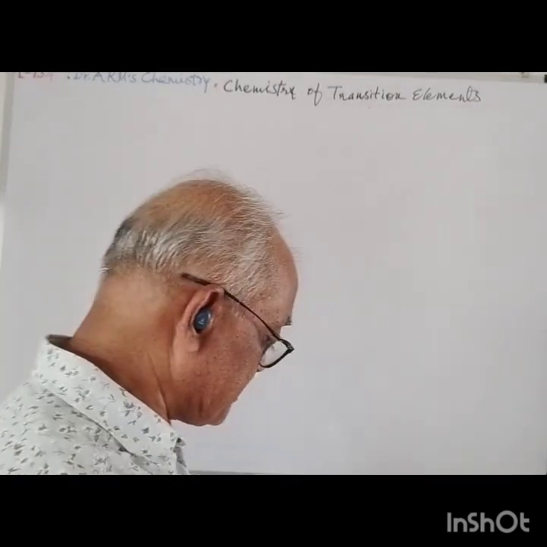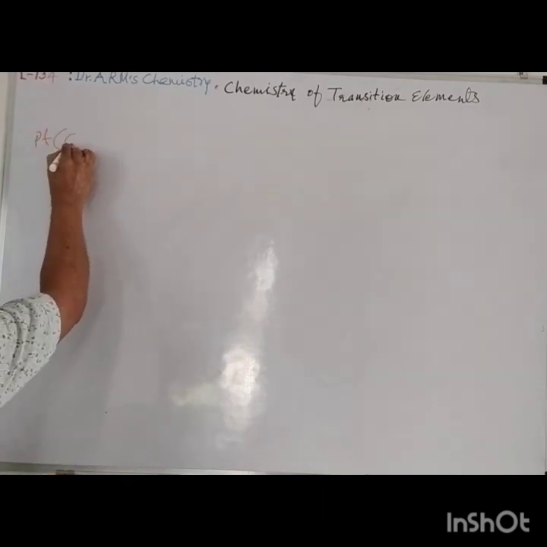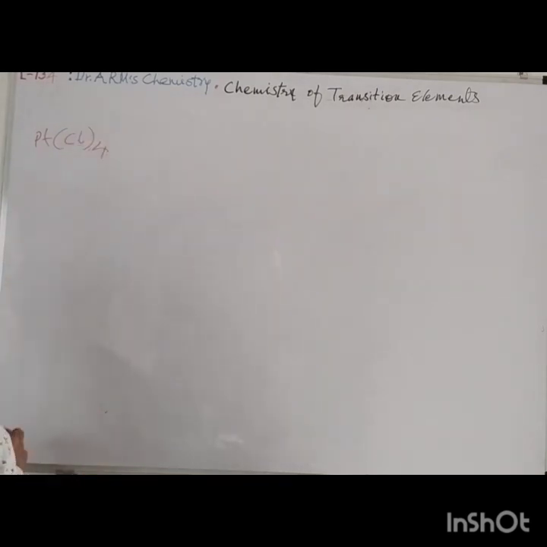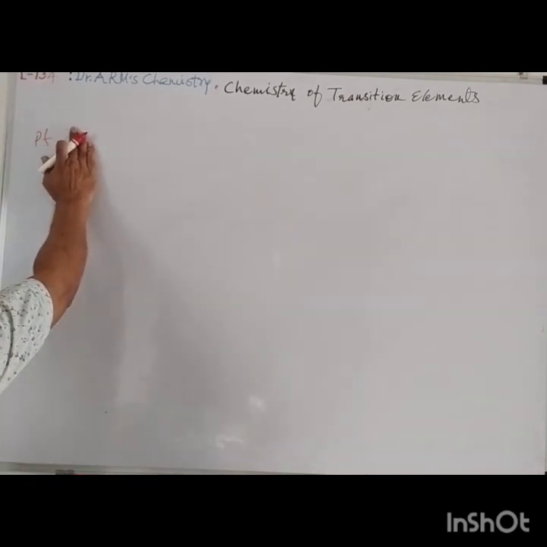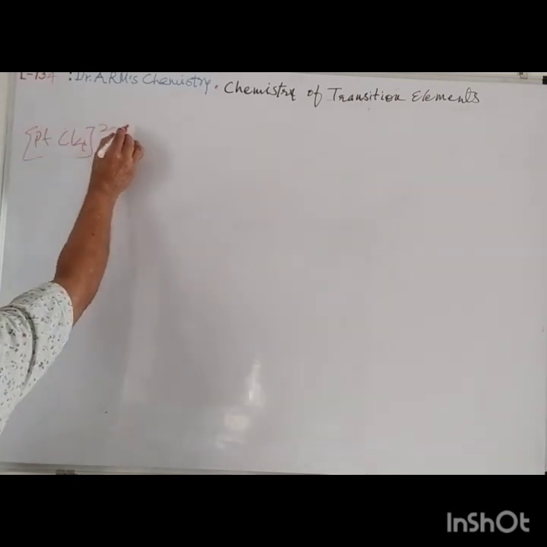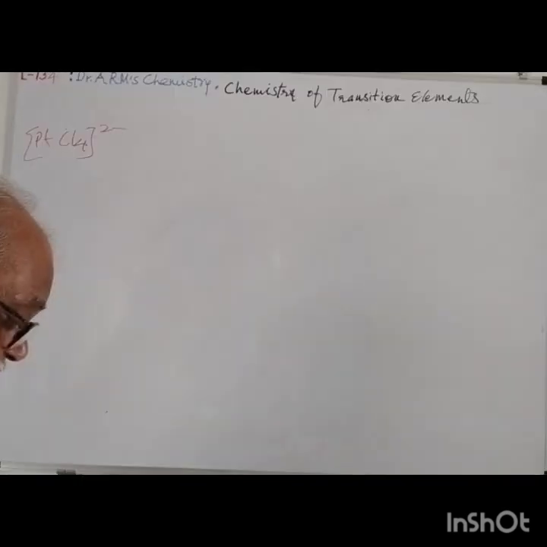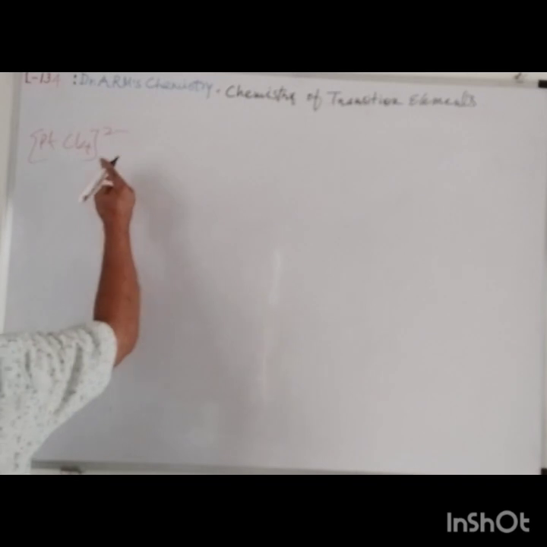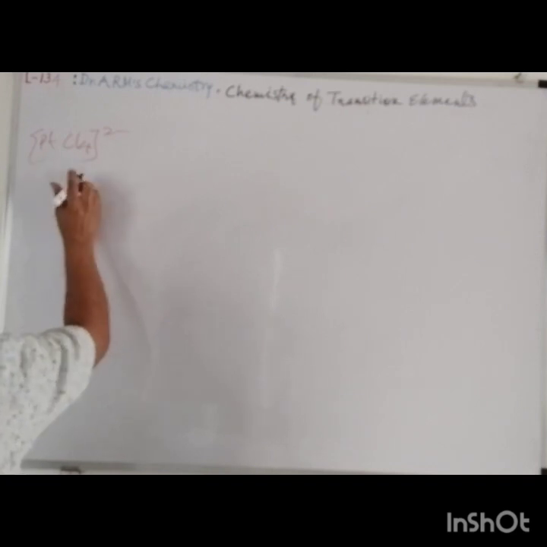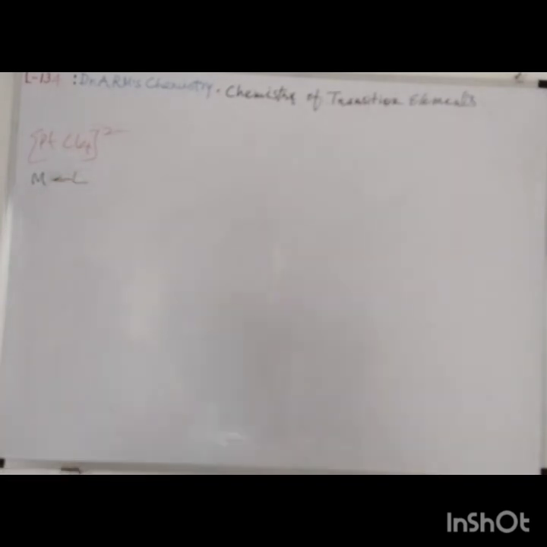So we are having some examples. If we take the example of PtCl4 2 minus, in this case the charge transfer bands, that is ligand to metal charge transfer, is through pi.